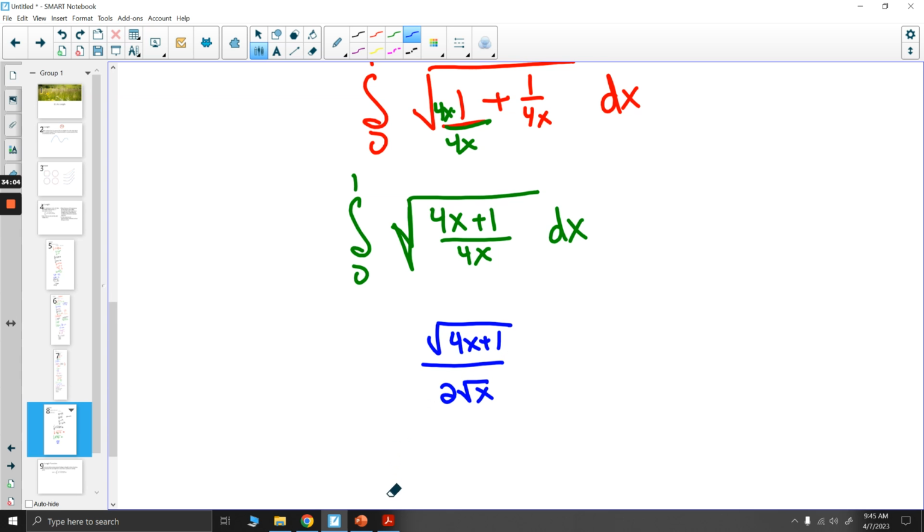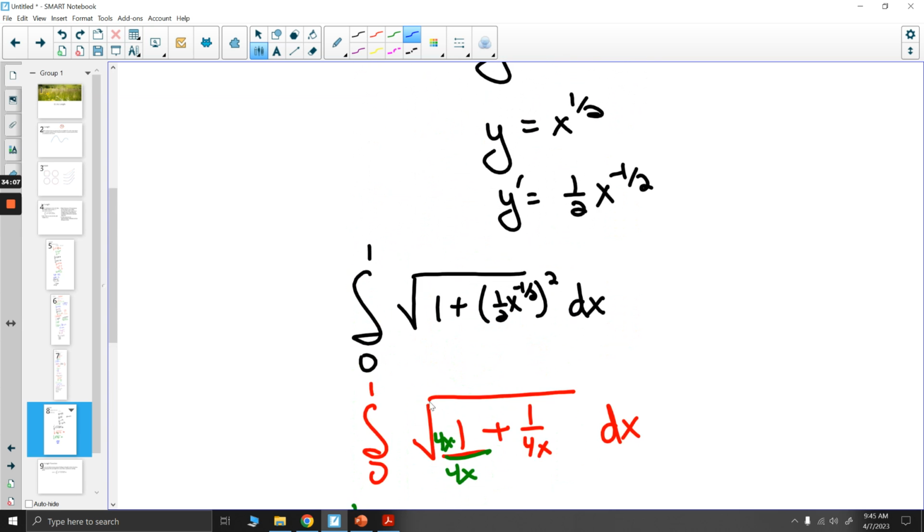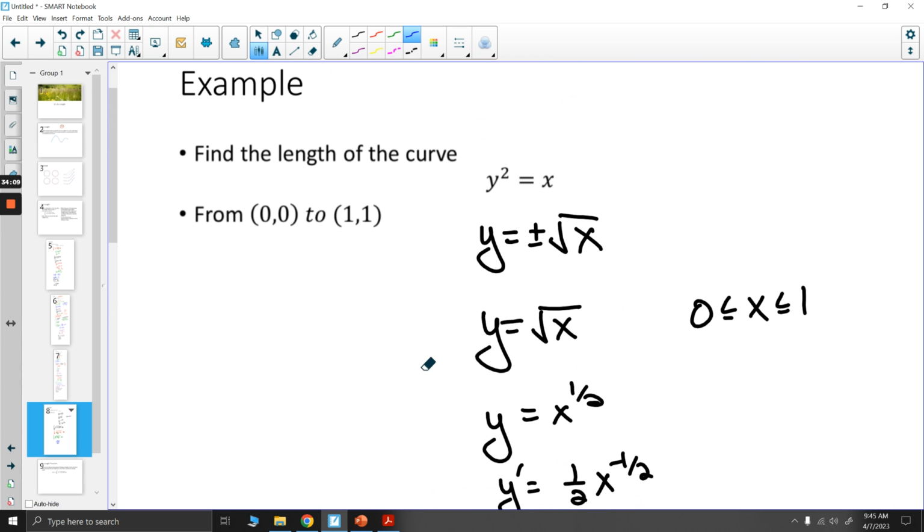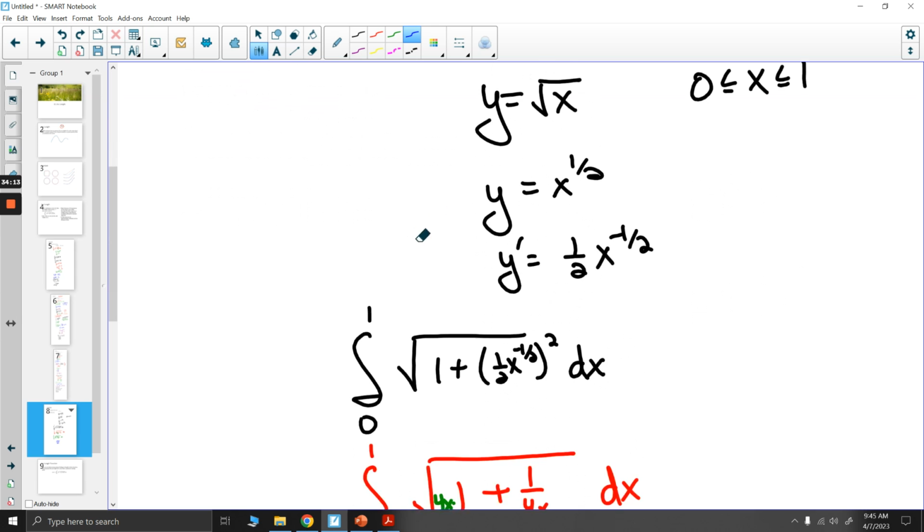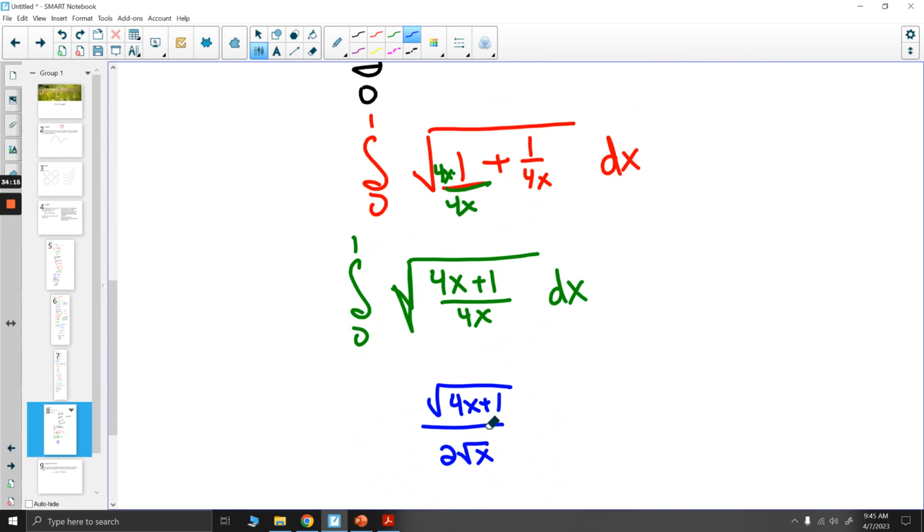Now, another option is I did it for the x, right? But realistically speaking, I could also treat it in terms of y, which I might have to do because I don't really know if this is going to clean up. I mean, we could try really quick. Multiply by square root x.